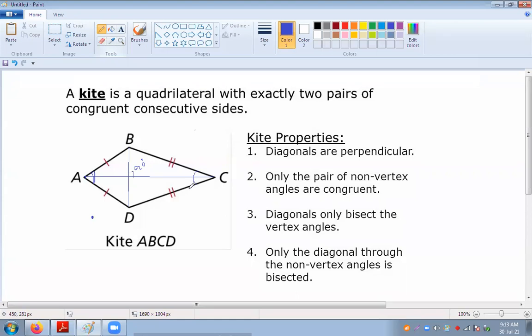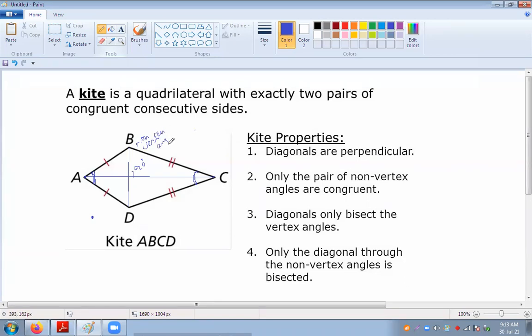Listen carefully. Diagonals only bisect the vertex angle. That means A and C. Whatever angle these two points make is called a vertex angle, and the angles that B and D make are called non-vertex angles. Clear?